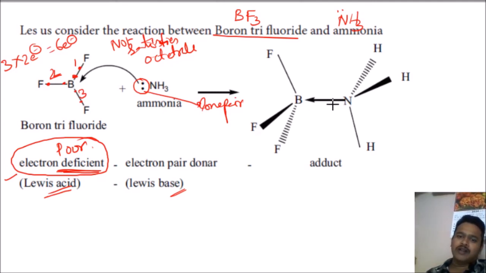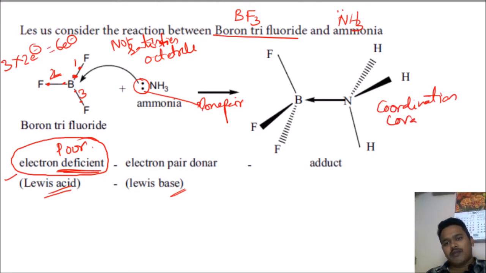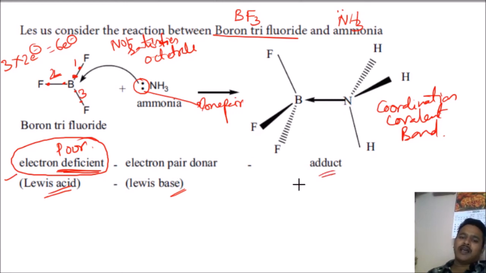Only one side donation, one pair donation, but both are sharing. This type of bond is called a coordination covalent bond. This is the bond formed among these two. This is an adduct, like a complex formed.